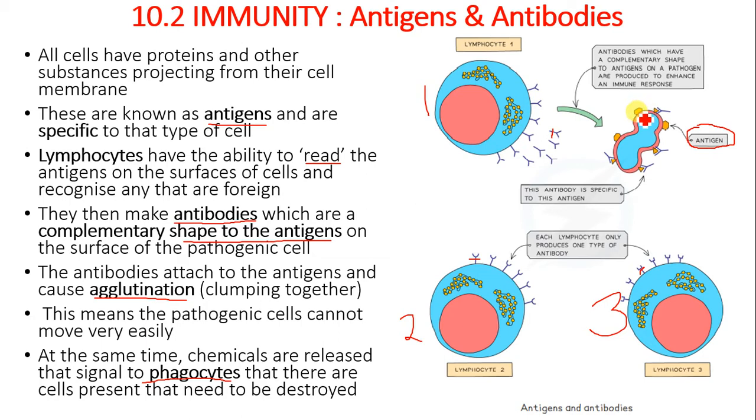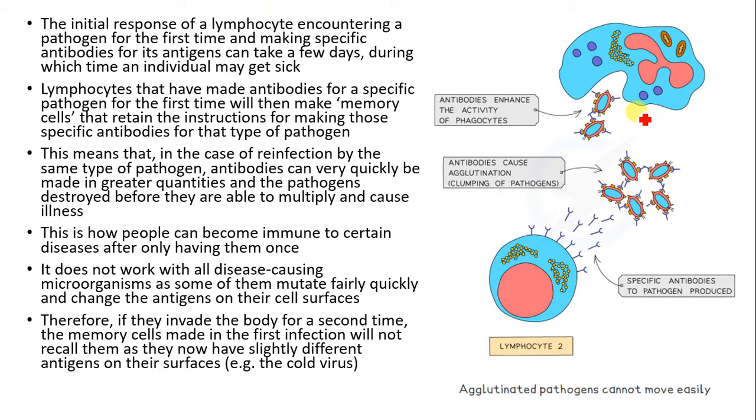So once it has a complementary shape with the antigen, it will release these antibodies, and they will now clump to the antigens found on the surface of the pathogen. Once that is done, like what you see here, this is what is called agglutination.